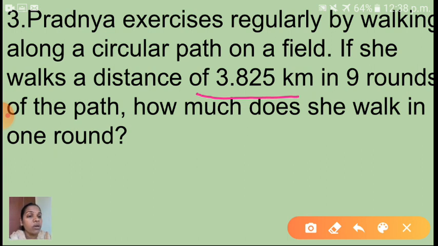So here what we have to do children? Yes, we have to divide. Okay, your question is, say here, the circular field, that Pratnya walks a distance of 3.825 kilometer in 9 rounds. Okay, so you have to find how much does she walk in one round. Okay, can you find?